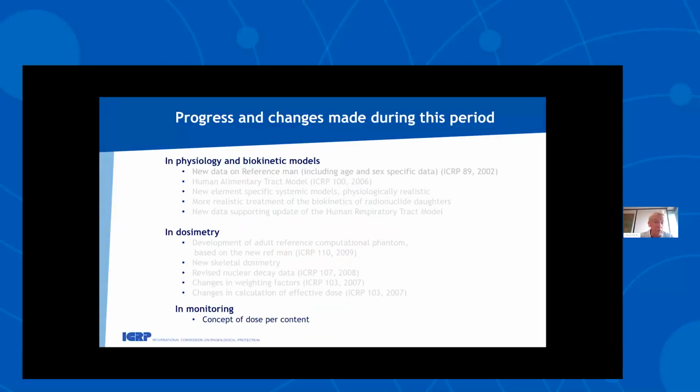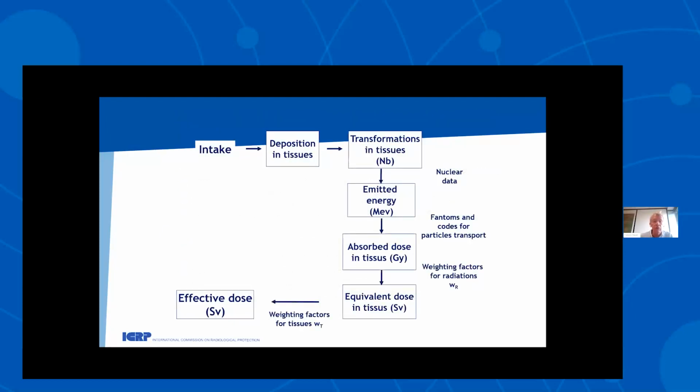So in monitoring, we have also made progress, thanks to Vladimir, who is there with us, with this concept of dose per content. As you know, this is another way of presenting the way to calculate dose. You can see that it's a very long process, going from the intake to the effective dose and going through the transformation in tissue, calculation of emitted energy, and so on.